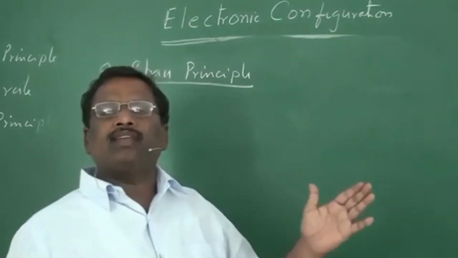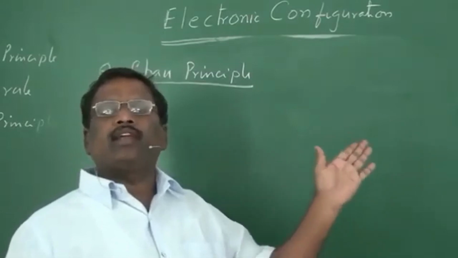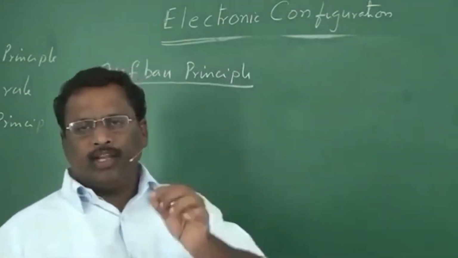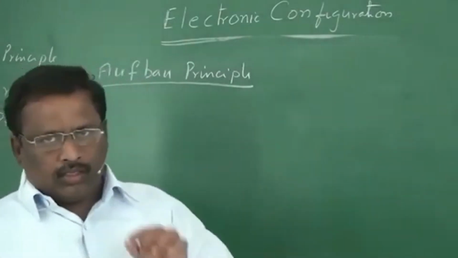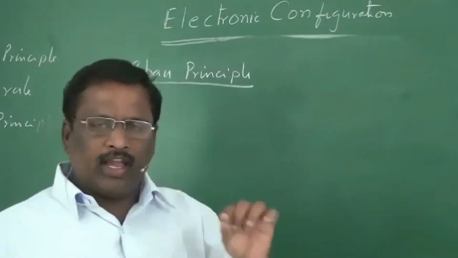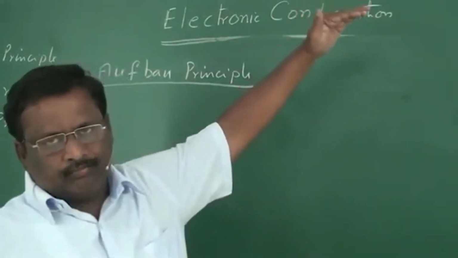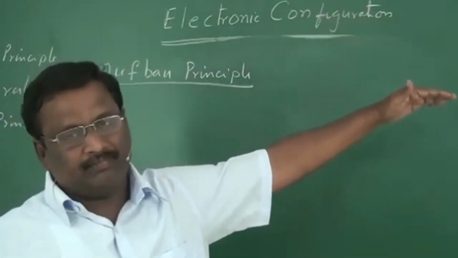In the first energy level you have 1s, in the second 2s and 2p, in the third 3s, 3p, 3d, and in the fourth 4s, 4p, 4d, 4f. So though it has only one electron, that small atom will also have all these orbitals. That was proved by the hydrogen spectrum.